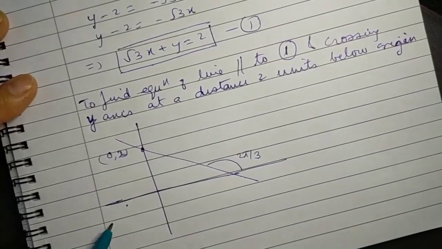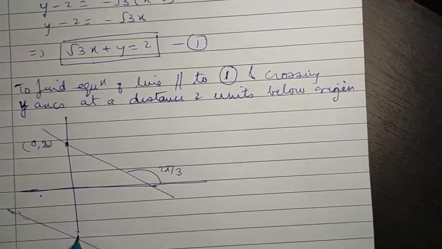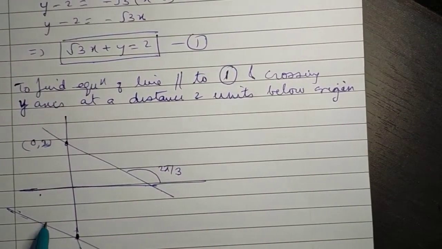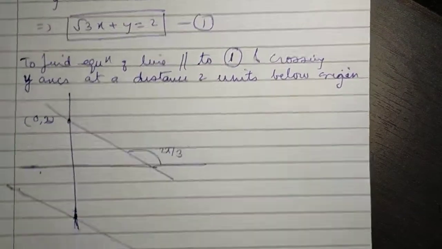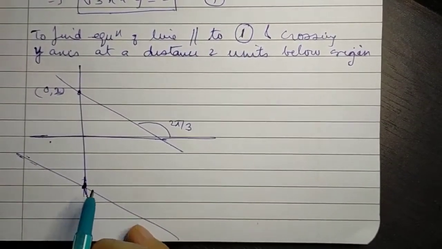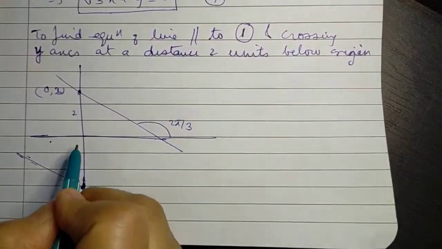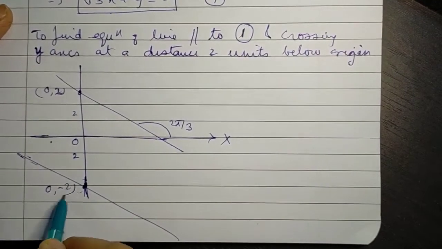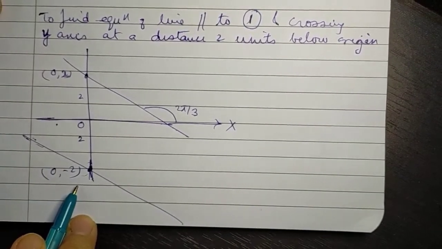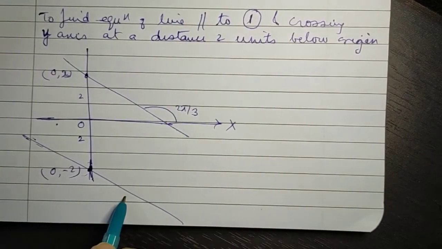So we have to draw a line which is parallel to this line and crosses the y-axis at a distance of 2 units below the origin. Below the origin means it will pass through (0, minus 2). It will have the same slope as that of this line.